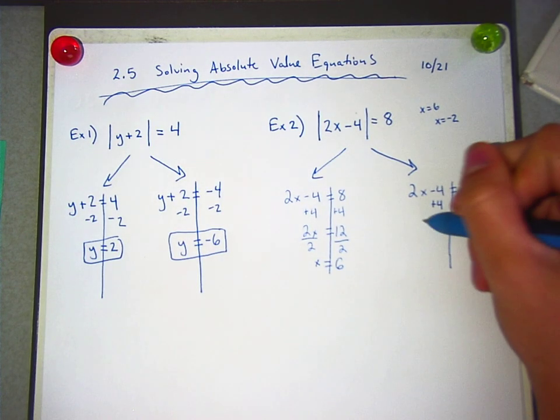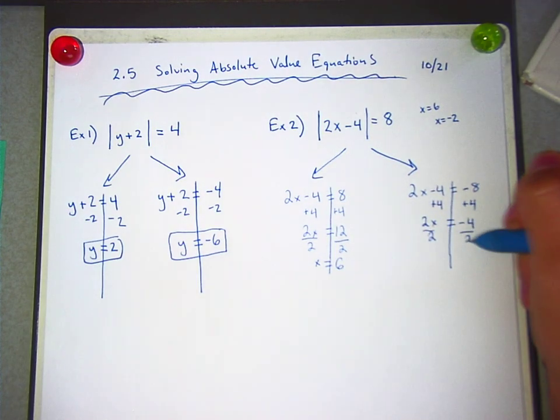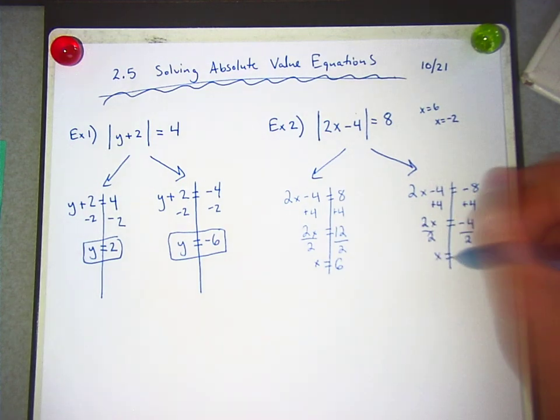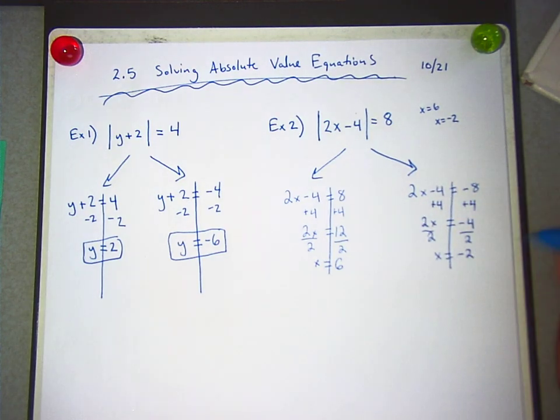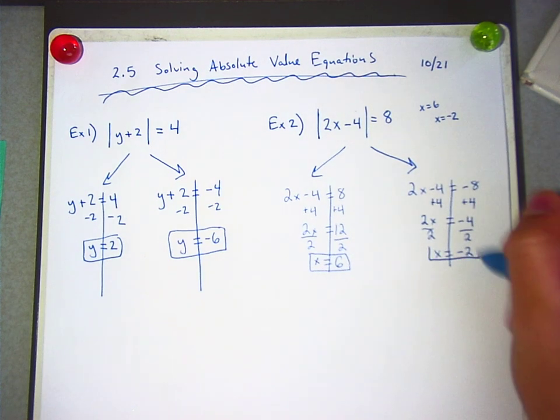And then on the other side, you add 4 to each side, and you'll get 2x equals -4, and then you divide by 2 on each side, and you get x equals -2.